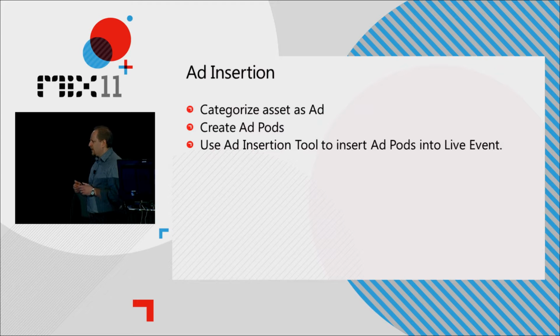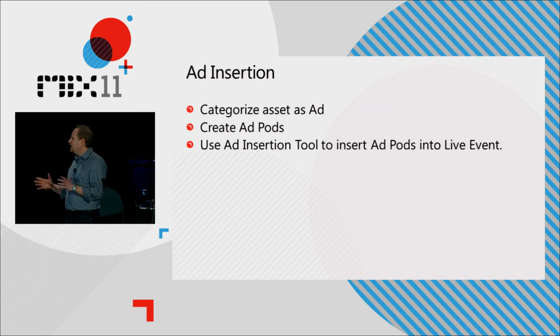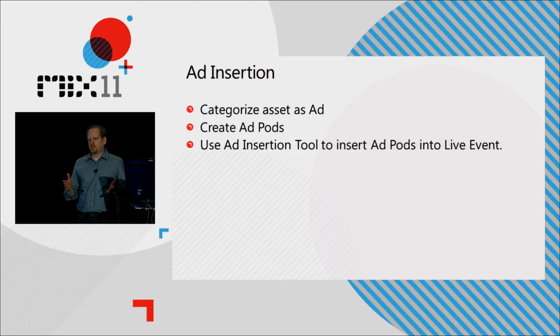And typically the way that we set up ads so that they can be played as mid-rolls is we collect them into these groups called ad pods. It could be that an ad pod is a Subway, a Lexus, and a Verizon ad, and we want those three played together. Now, they'll play in a different order somewhere else in the game, so we create multiple ad pods, and those ad pods have the ad assets associated with them.